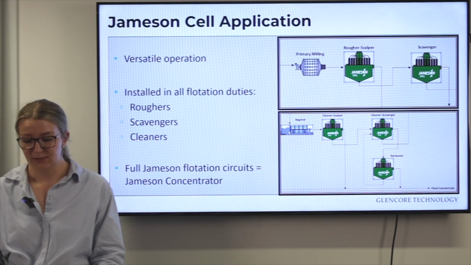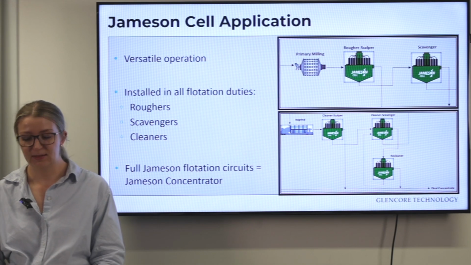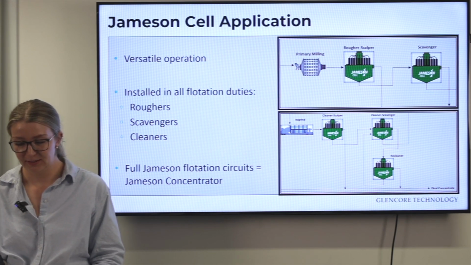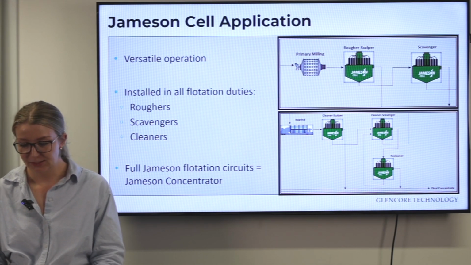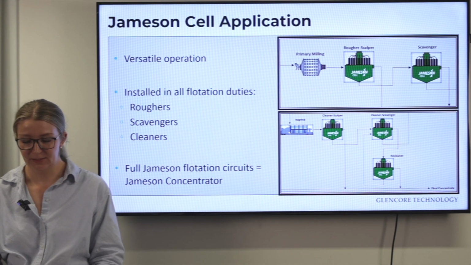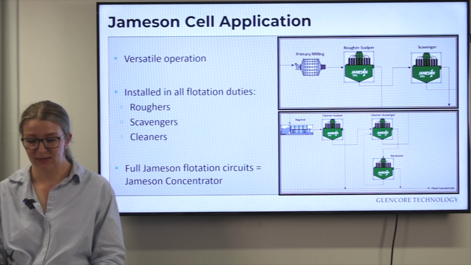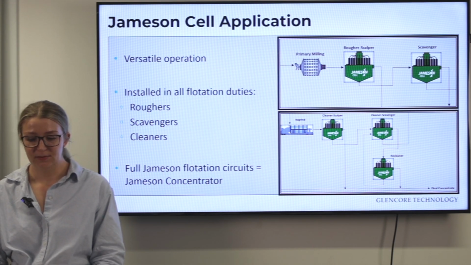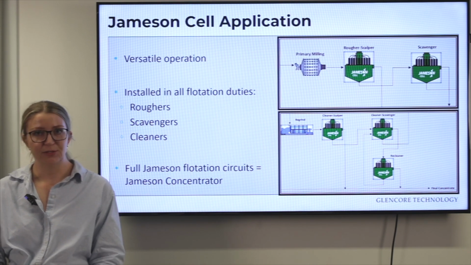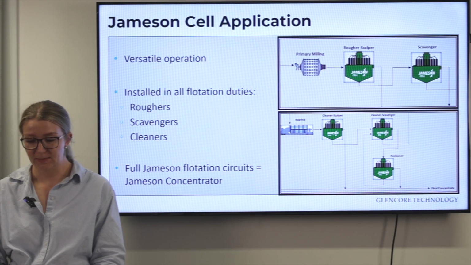When designing a Jameson concentrator, the Jameson cells either operate in high grade or recovery duty, and translating that to this flow sheet, in the rougher circuit we can see that the first cell is operating as a rougher scalper. If liberation permits, a final concentrate can be obtained from the first cell, and that greatly reduces any downstream cleaning requirements.